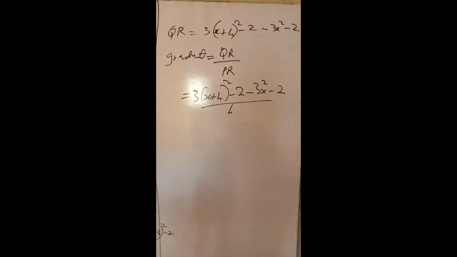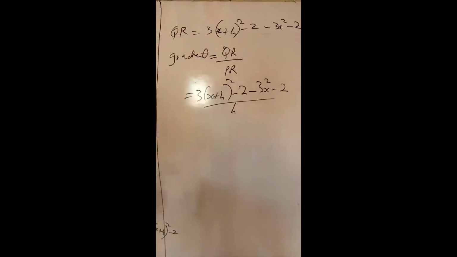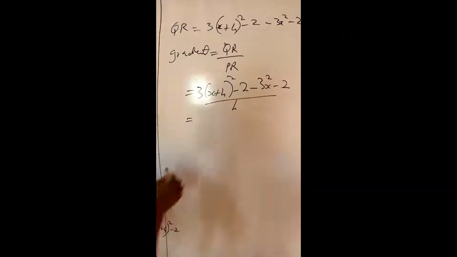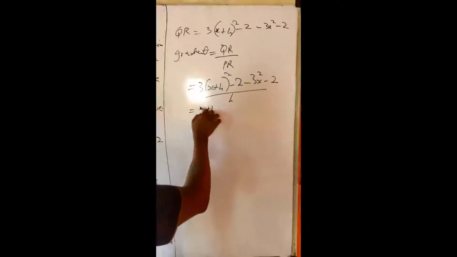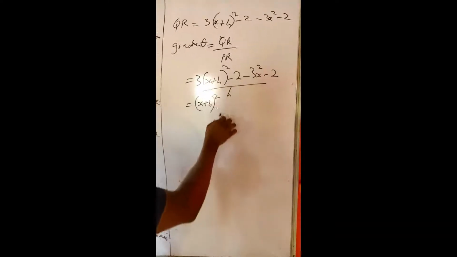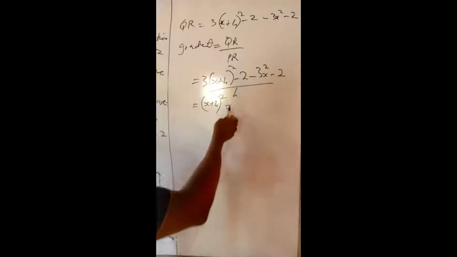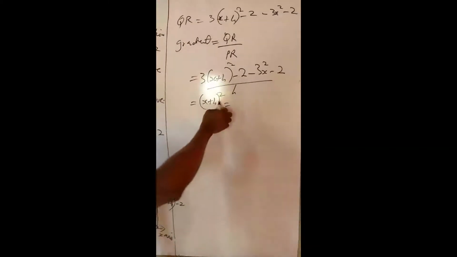Now the next step is for you to expand x plus h all squared. I have done this in the last unit, but for the purpose of understanding, we can still expand it.